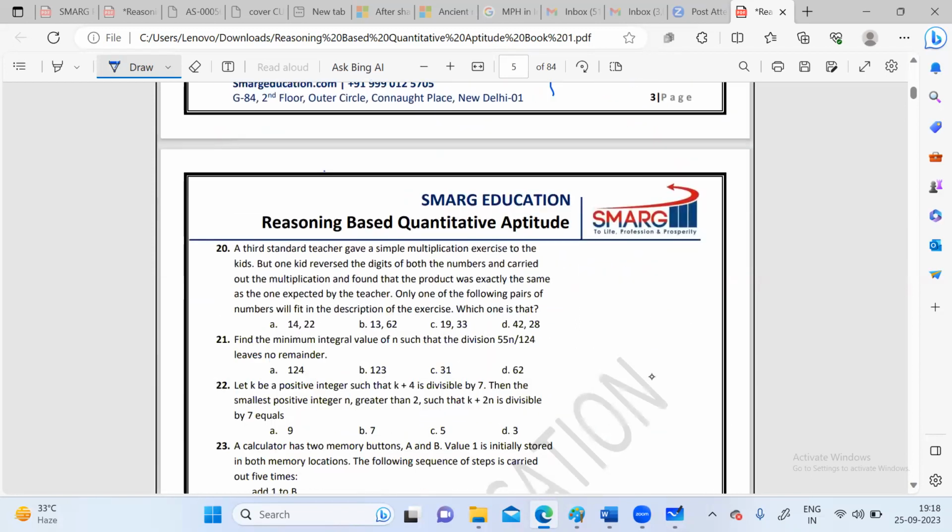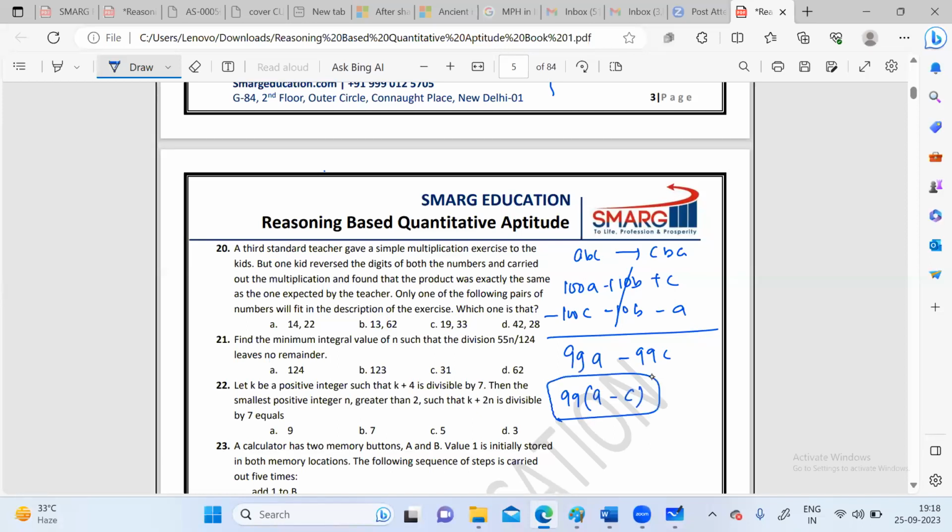Because if you write a number ABC in algebraic form, it is 100A plus 10B plus C. If you reverse it and subtract it, that is 100C plus 10B plus A, so the 10B will cancel. 100A minus A is 99A, plus C minus 100C is minus 99C. We take 99 as common. So this is how you get the difference.